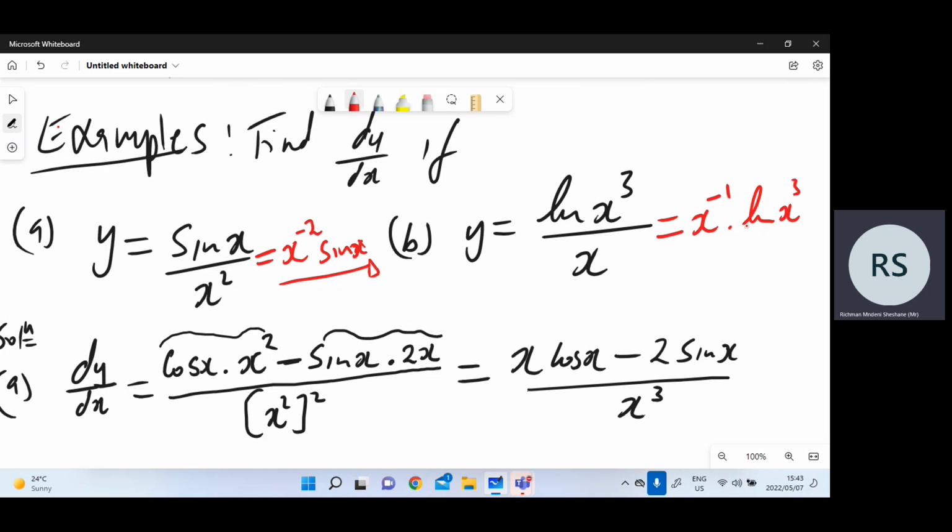And the next section, we're going to use a formula sheet. I'll send you the formula sheet right now. But for today, I'm going to focus on the first formula on your formula sheet.